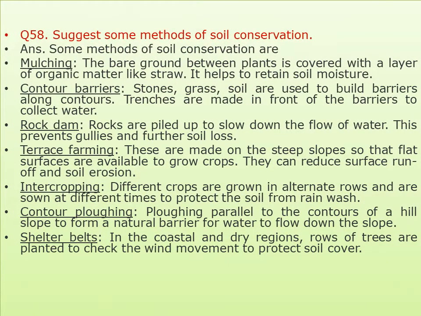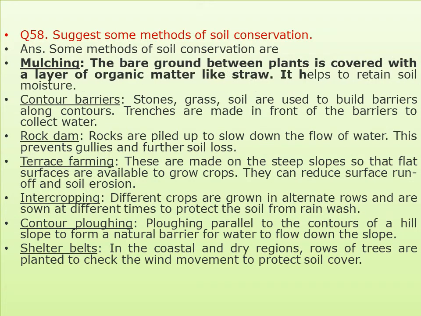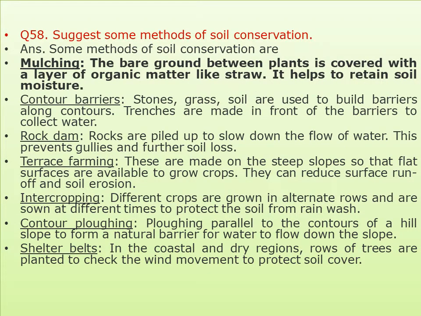Question number 58. Suggest some methods of soil conservation. Answer: some methods of soil conservation are, number one, mulching. In mulching, the bare ground between the plants is covered with a layer of organic matter like straw. It helps to retain the soil moisture.